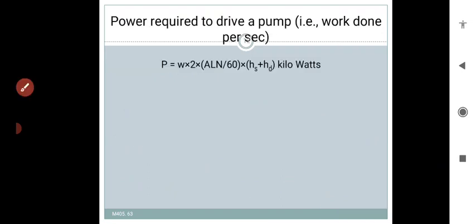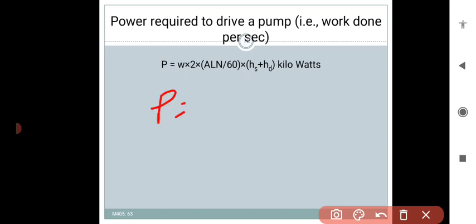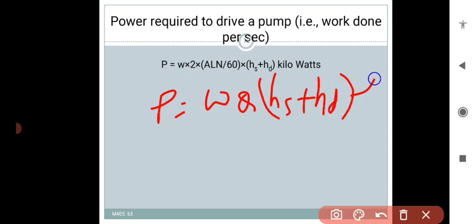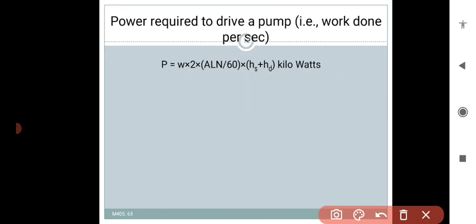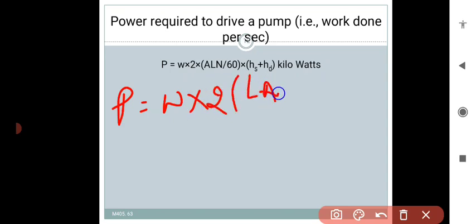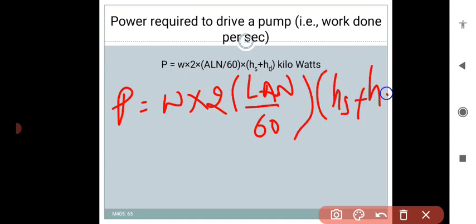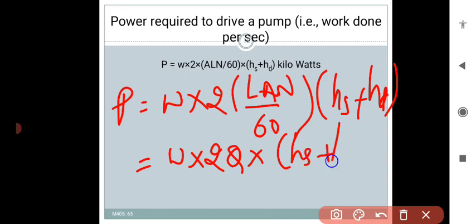Power required to drive the pump is also the same as for the single acting reciprocating pump. For a single acting reciprocating pump, the power required to drive the pump is W into Q into HS plus HD. Similarly, for a double acting reciprocating pump, it is W into 2 into ALN by 60 into HS plus HD, so that is equal to W into 2Q into HS plus HD.